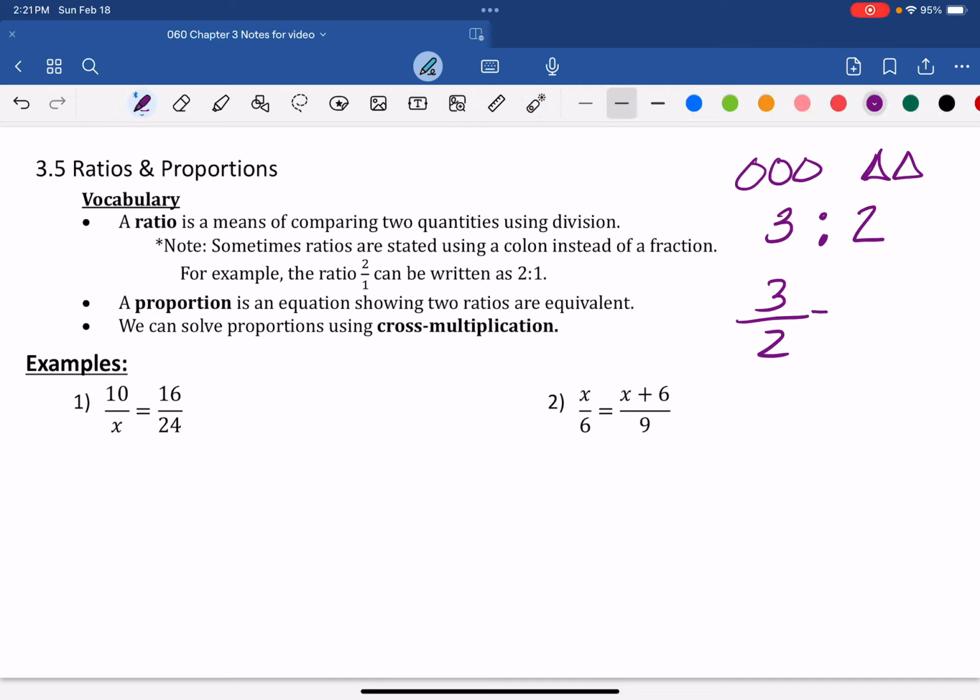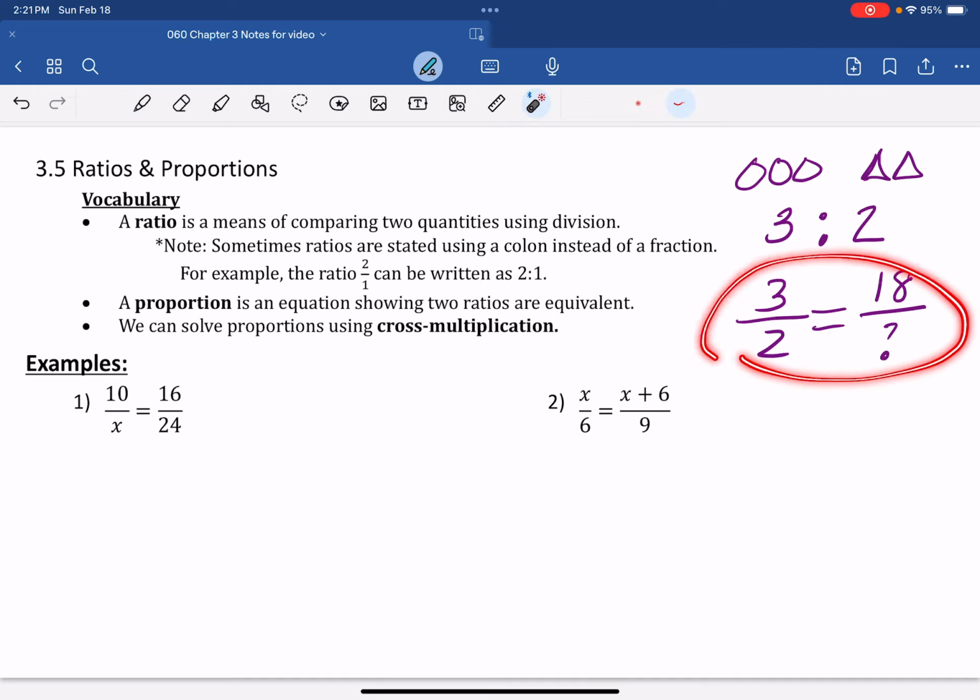For example, if I knew that I needed 18 circles, but I don't know how many triangles I need, I can set this information equal to each other and use a proportion to solve for my unknown.